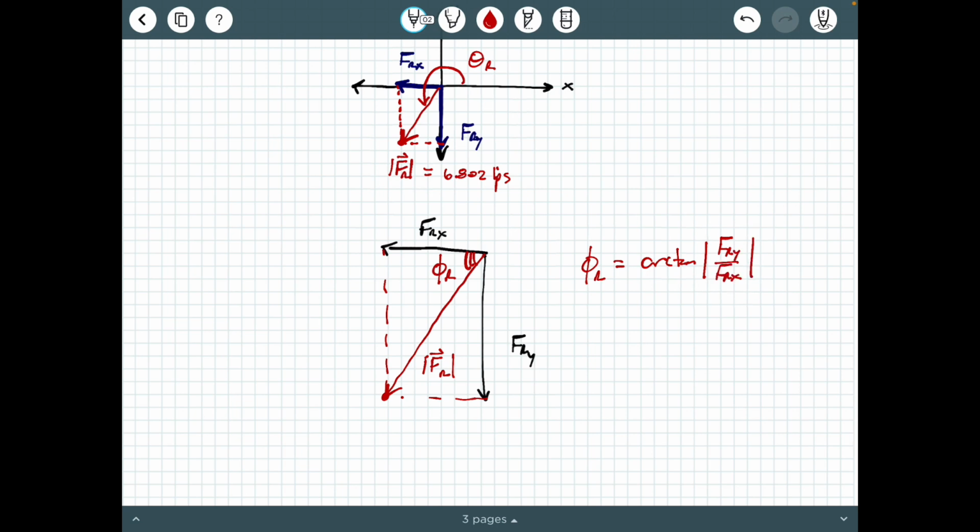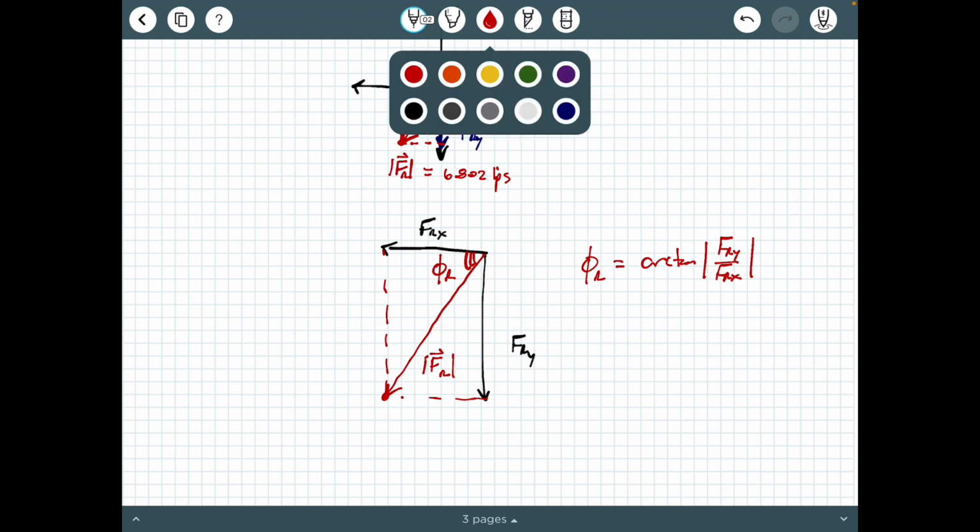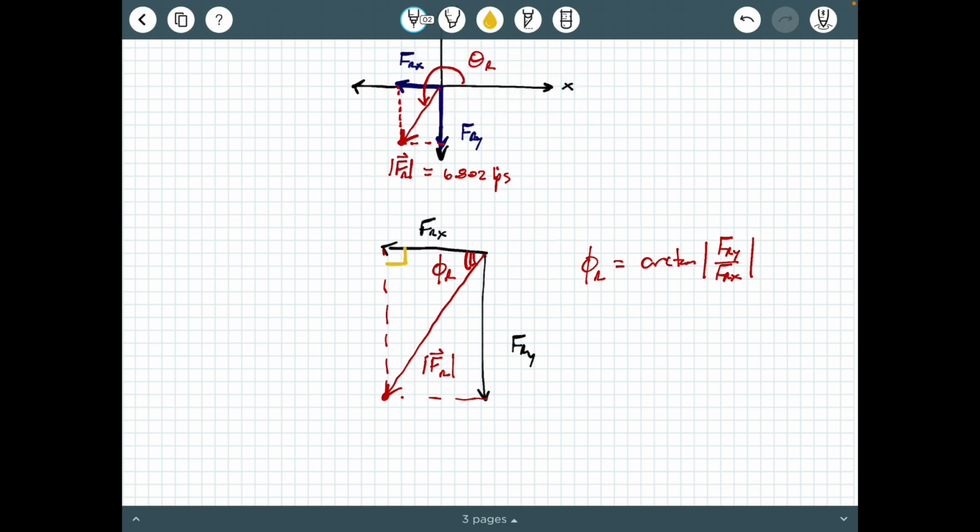The reason this particular angle is the arctan of FRY over FRX is, again, because this is based on right triangle trigonometry. So we are investigating this right triangle here. The tangent of this interior angle, which I just called phi sub r, is opposite over adjacent.